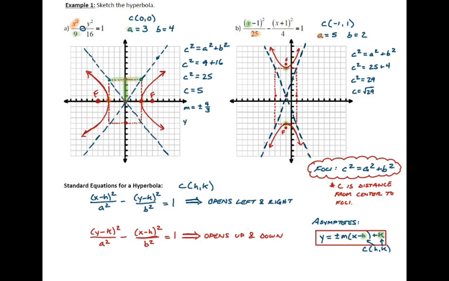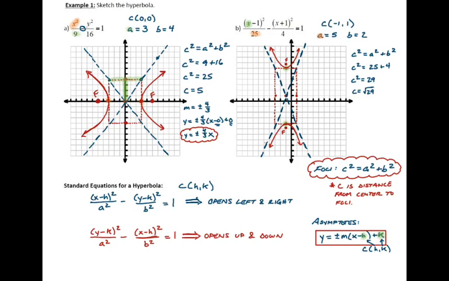So if I wanted to write my equation, it'd be y equals plus or minus 4/3 times the quantity x minus 0, where 0 is the x coordinate of the center, plus 0, which is the y coordinate of the center. So I could just write this as y equals plus or minus 4/3 x. And that would be the equations of my two asymptotes.